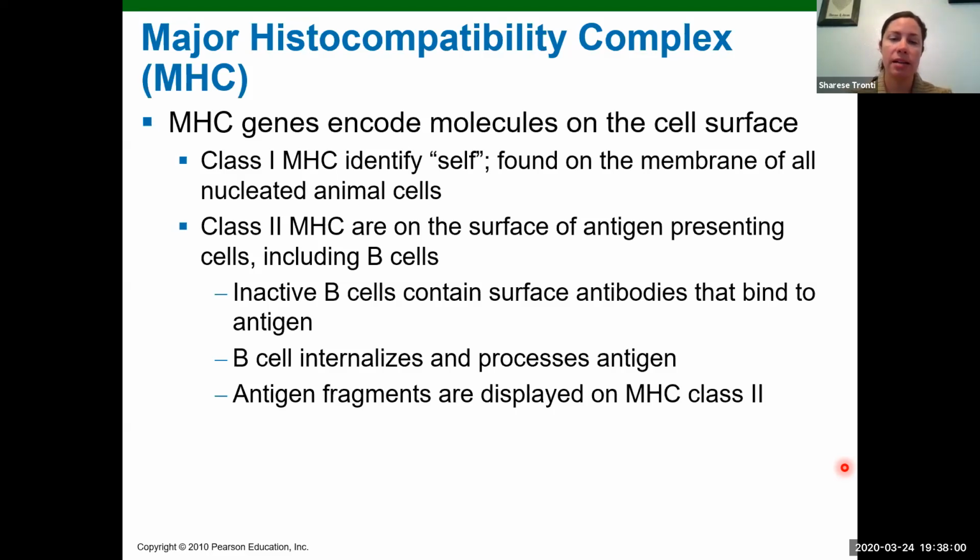So inactive B cells will have antibodies on them. And there's lots of different types of B cells with different types of antibodies on them. And these are made randomly. And so when an antigen is exposed to the body, there's a whole bunch of these random antibodies on different types of B cells.